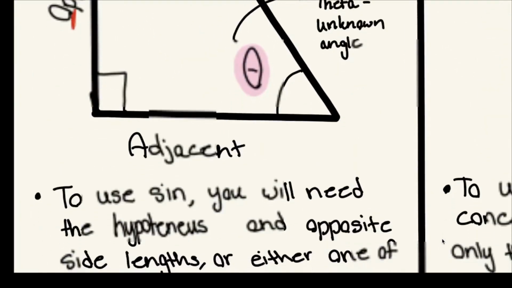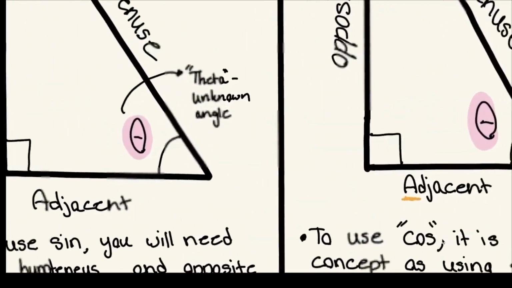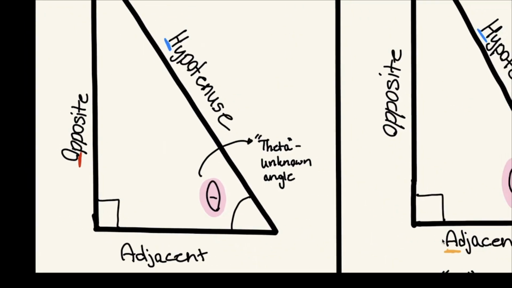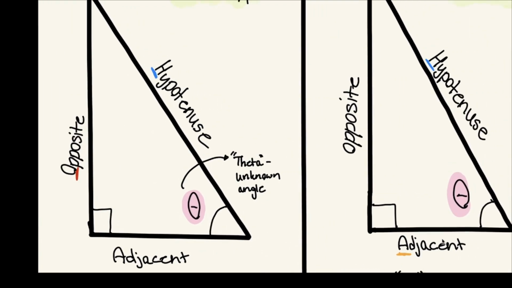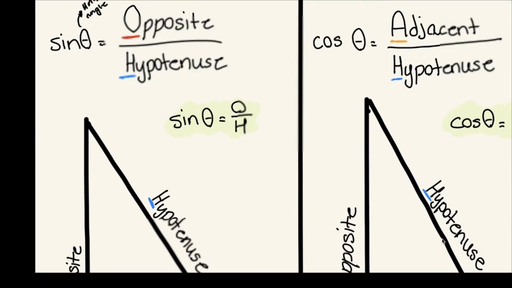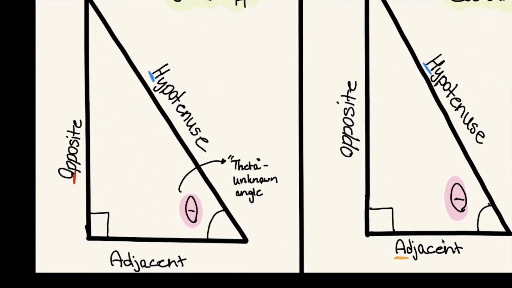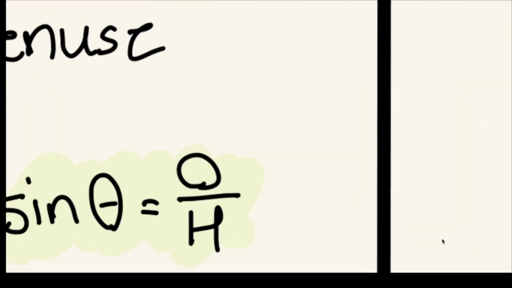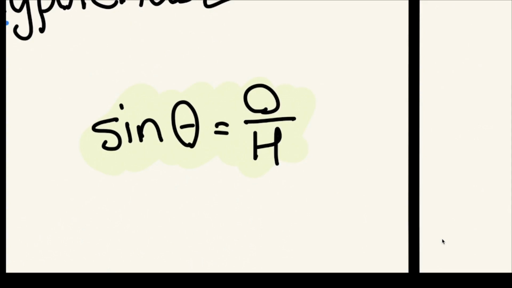If we go down, I wrote a little bit more and put it into perspective of a right angle triangle. If you don't know how to label a triangle, meaning which side is the hypotenuse, opposite, and adjacent, here it is. I'll teach a little about labeling very soon. Sine theta equals opposite over hypotenuse.